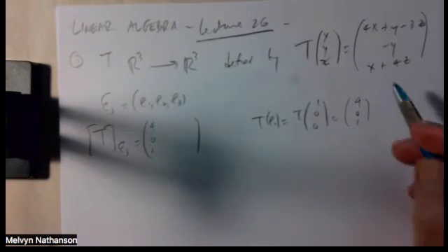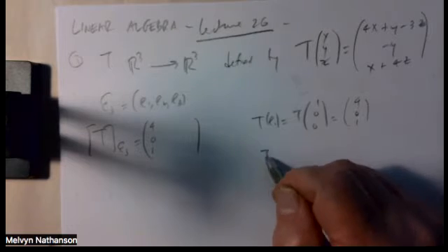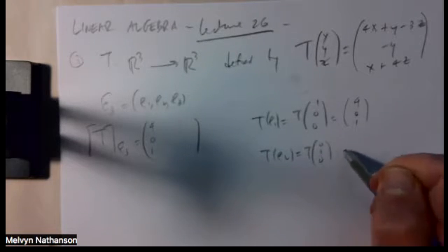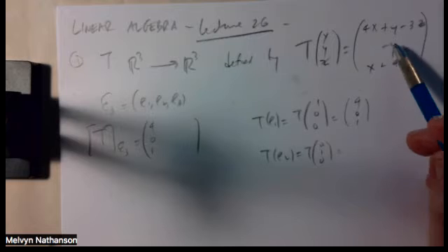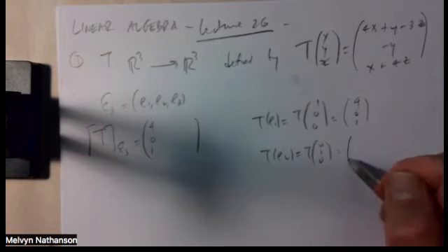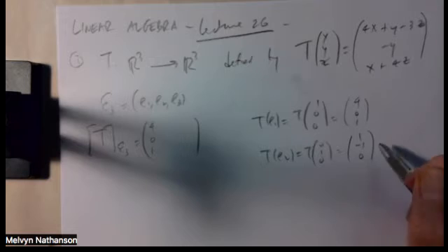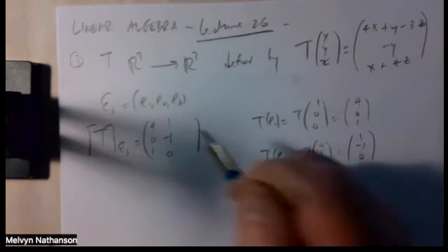That's the first column of the matrix. T of E2, which is T of 0, 1, 0. So when y is 1 and x and z are 0, you get 1, minus 1, 0. So that's the second column of the matrix.